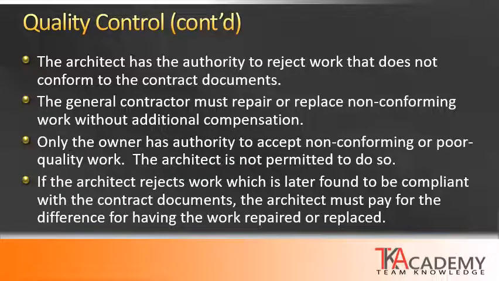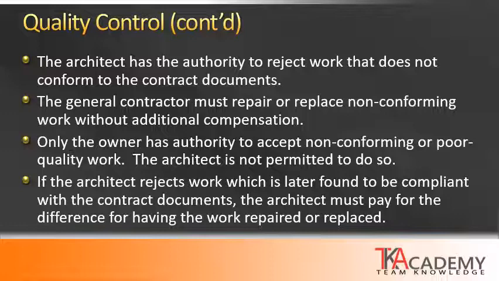What happens if the architect rejects work that is later found to be compliant with the contract documents? Well, then it falls upon the architect to pay the difference for having that work repaired or replaced. A good example of this is if something is concealed, like behind a wall or above a ceiling.